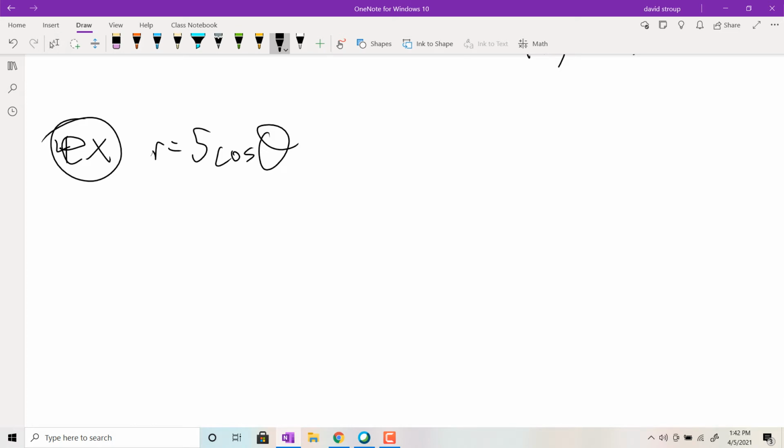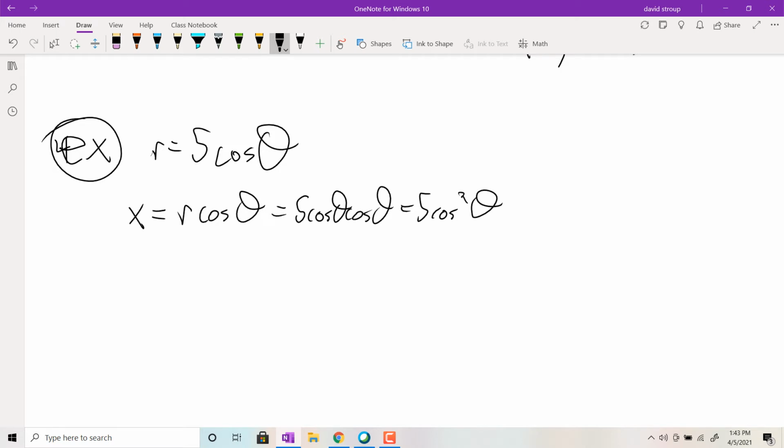So, anyways, to convert this, we can note x is equal to what? Well, x is equal to r cosine theta. And so subbing in the r expression, r is equal to 5 cosine theta, this would be 5 cosine theta times cosine theta. And so x is equal to 5 cosine squared theta. y would be r sine theta.